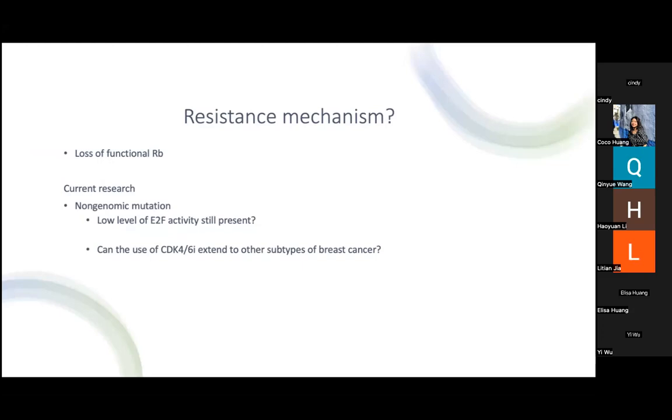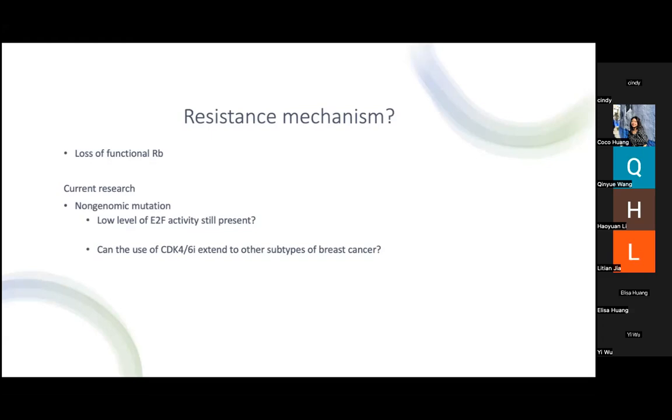Basically, persister cells develop, which is why a combination might work better. And so far, research on the CDK4/6 inhibitor resistance mechanism has been pretty lacking. The main mechanism that research has found so far is the loss of functional RB.